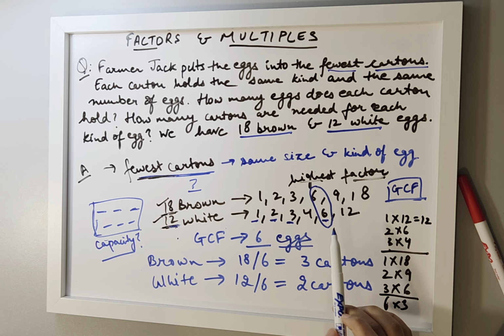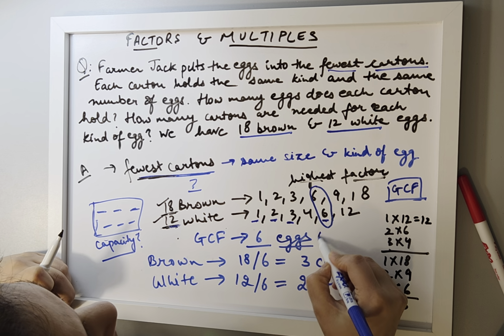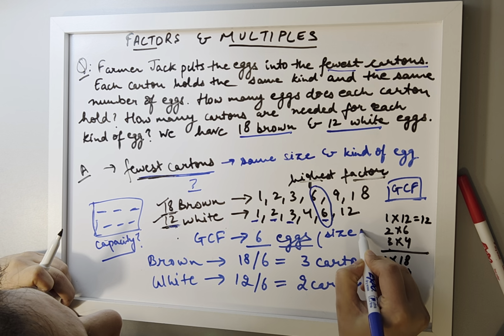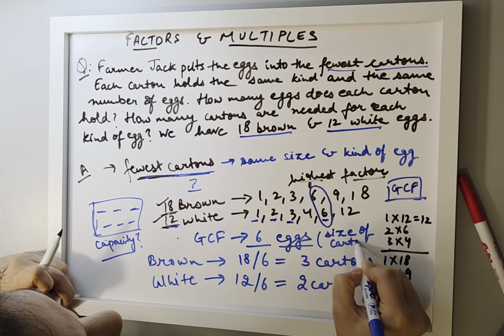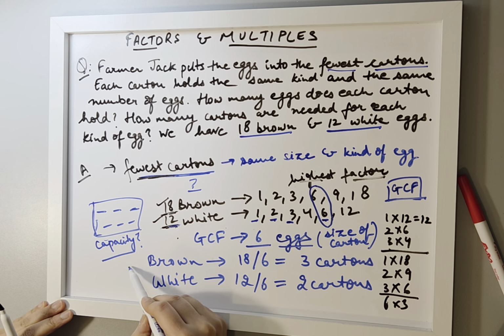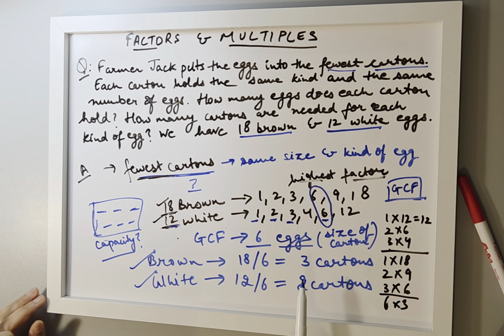So the size of the carton is 6 eggs, and the number of cartons of each type we need is 3 and 2 respectively.